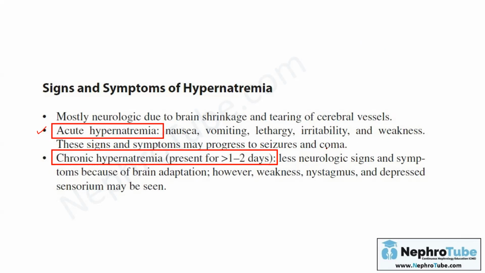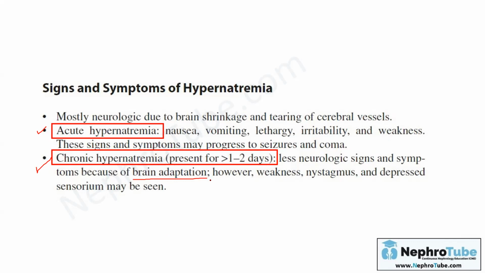even convulsions and coma. While in case of chronic hypernatremia, developing slowly over 1 to 2 days, we will find fewer neurologic signs and symptoms because of what is called brain adaptation, which we discussed before in cases of hyponatremia, and I will discuss again later in this lecture for hypernatremia.